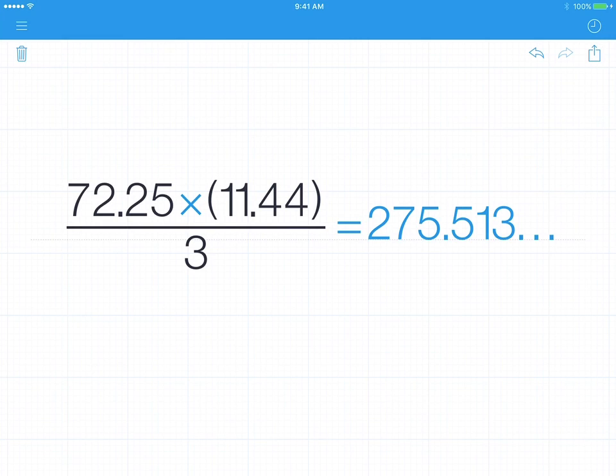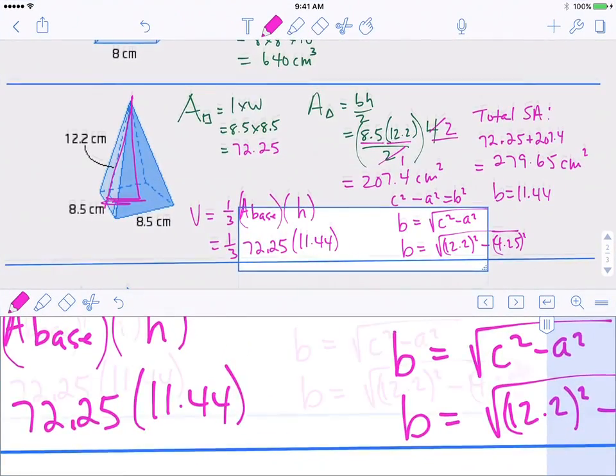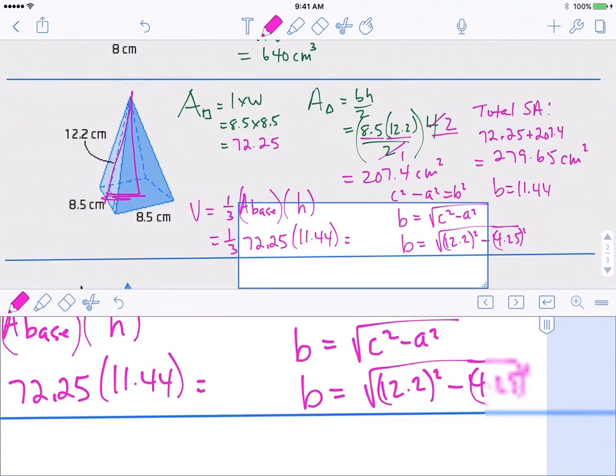And it's 275.51, and that's cubic centimeters. Okay? All right, you're working on the last couple on your own. Good luck with that, and we'll see you in class.